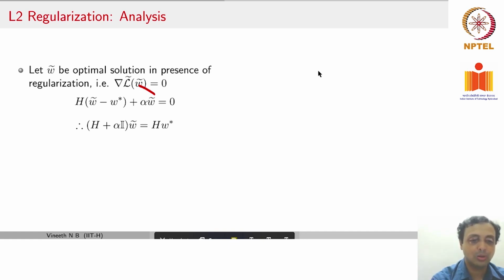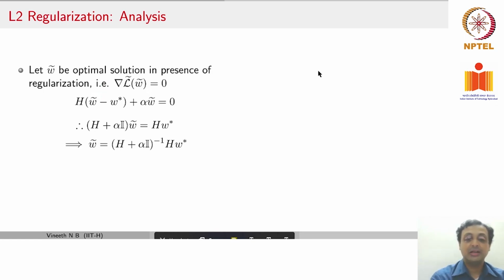Let's group all the w tilde terms. That would give us H plus alpha I, because when you add it, you have to make it a matrix. So we have to put alpha I here to ensure that alpha is added to every diagonal element of H. You're going to have (H plus alpha I) times w tilde is equal to H w star.